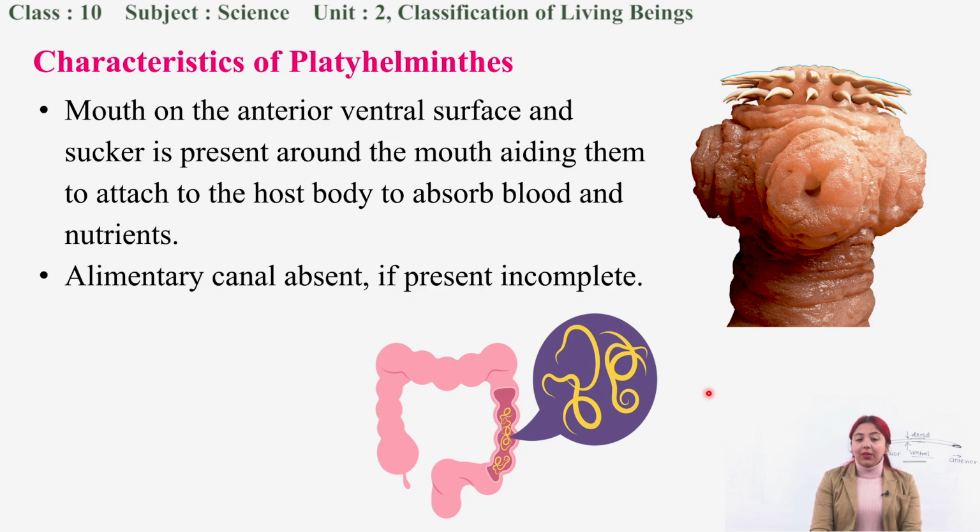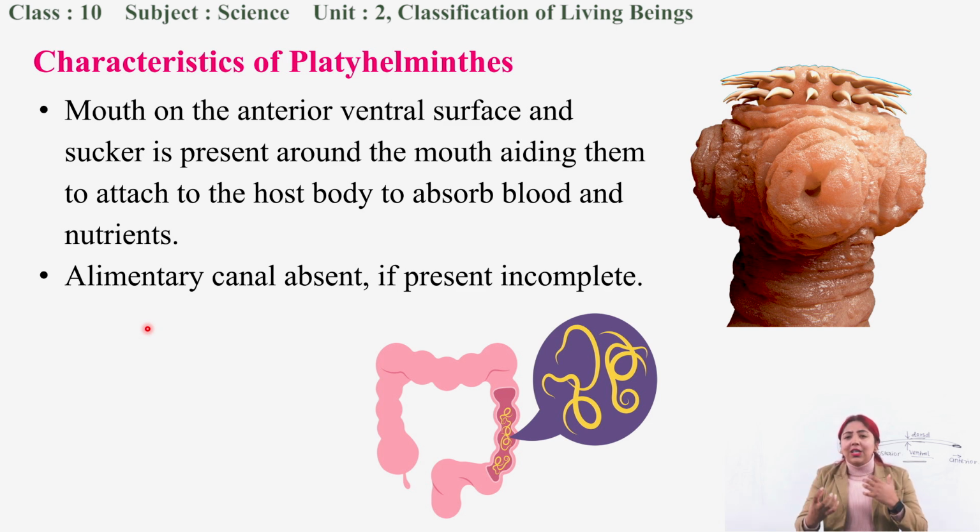Now, the alimentary canal is absent, and if it is present, it is incomplete. Now, can you guys guess why the alimentary canal is absent in the parasitic forms? I hope you guessed it right, because these are parasites. Now, they do not really need to digest anything, because they will suck all the digested particles from our body.